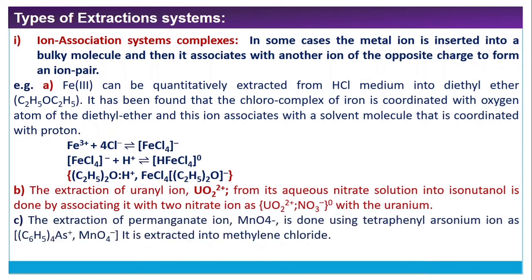The extraction of permanganate ion, MnO4 minus, is done by tetraphenyl arsonium ion. This is the complex, tetraphenyl arsonium permanganate, which is extracted into methylene chloride.